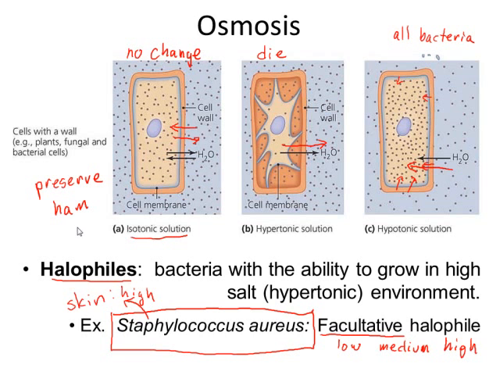And the reason being is it won't spoil because most bacteria can't grow in the high salt. However, salt preservation will not necessarily stop food poisoning caused by Staph aureus due to the fact that halophiles can still grow. And that's a concept we're going to see in the lab. So that concludes our discussion on the physical requirements on microbial growth.